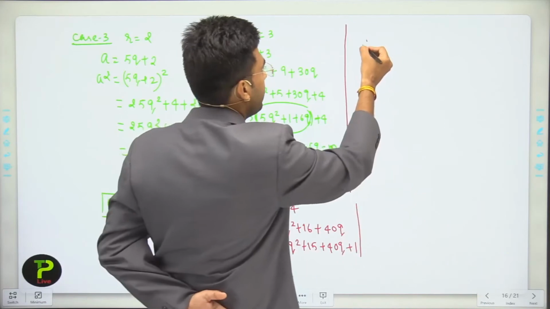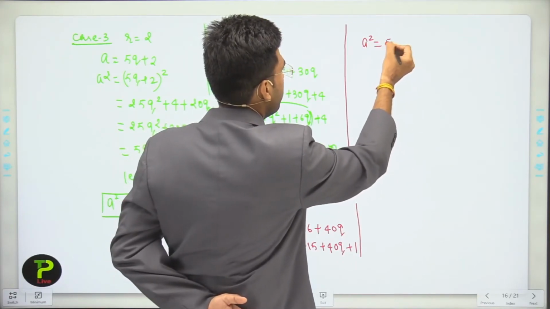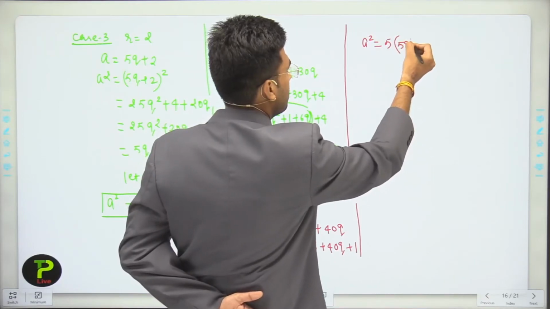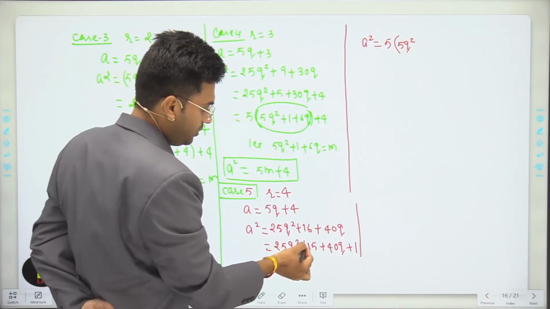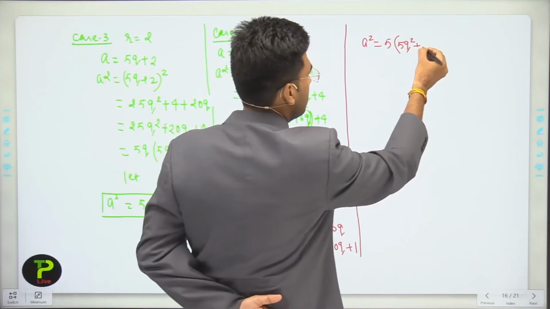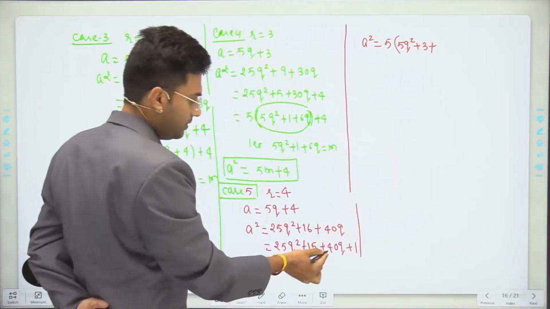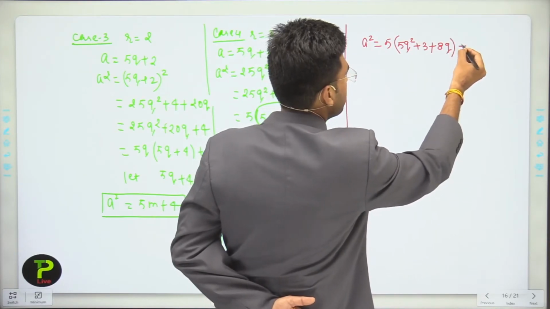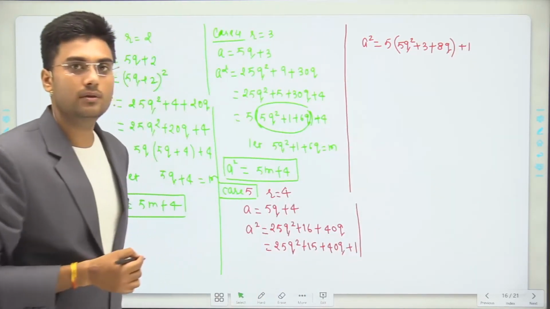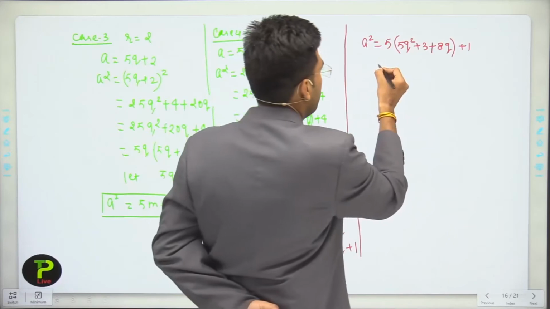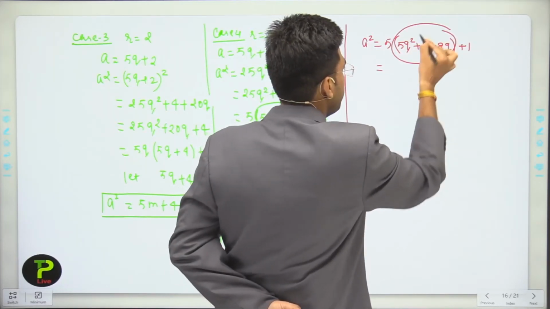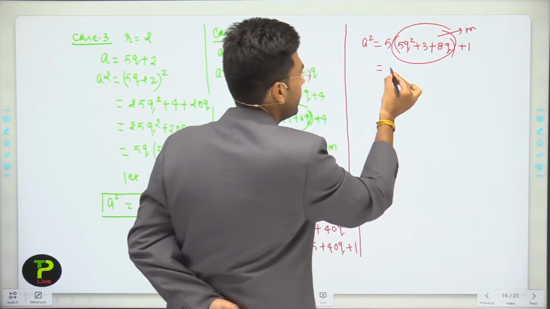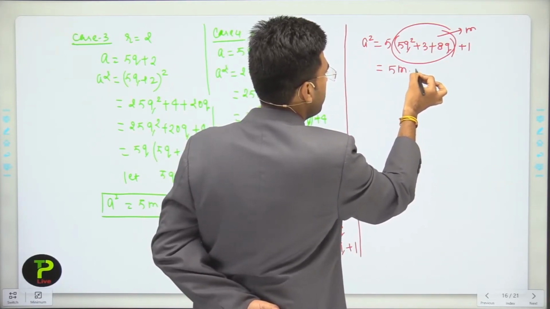We will get a square is equal to 5 multiplied by 5q square plus 3 plus 8q, plus 1. Okay. Now this complete term can be written in the form of any integer m. So we can write it as 5m plus 1.